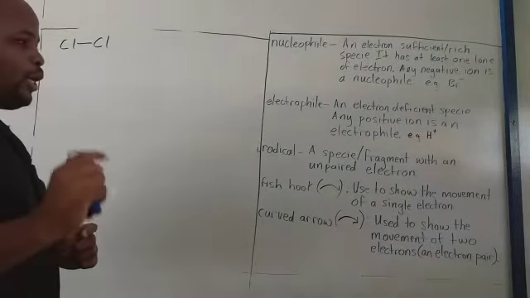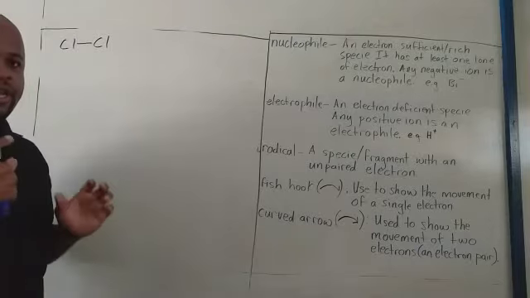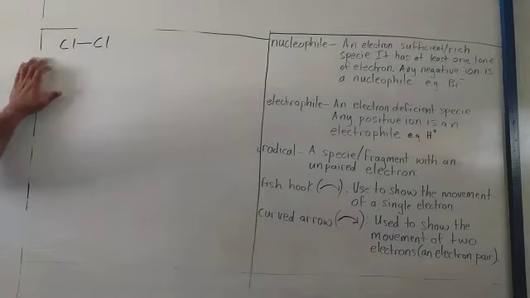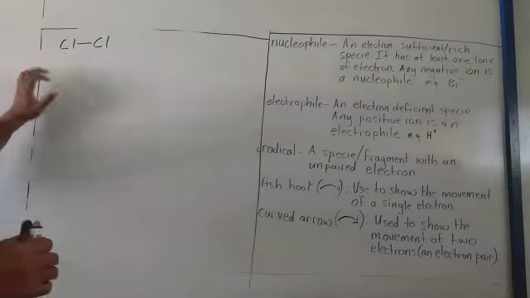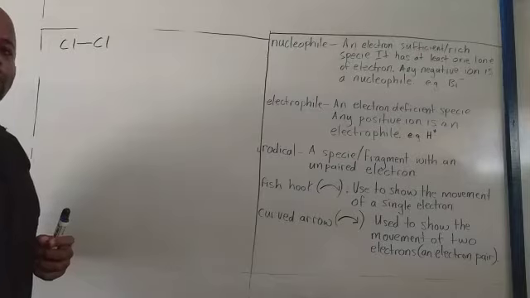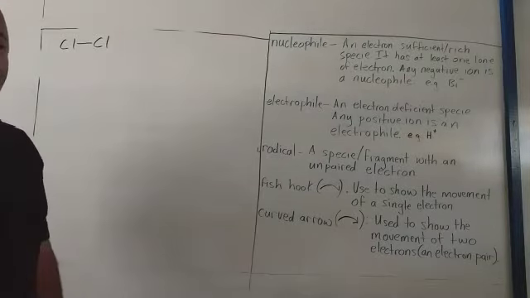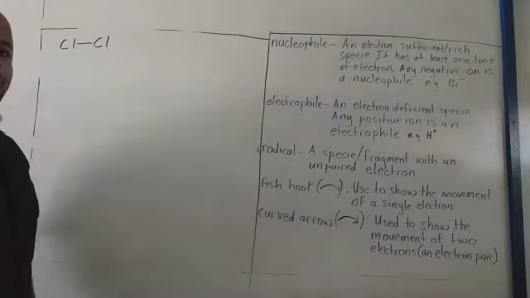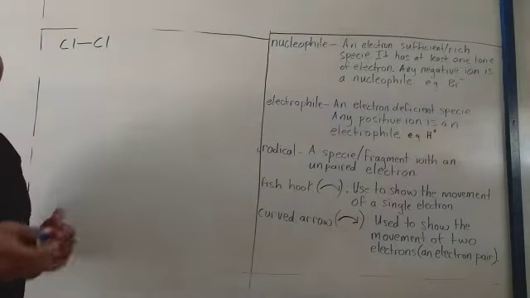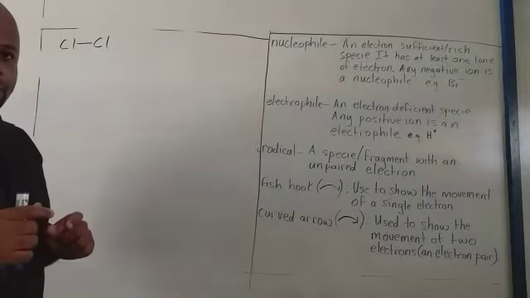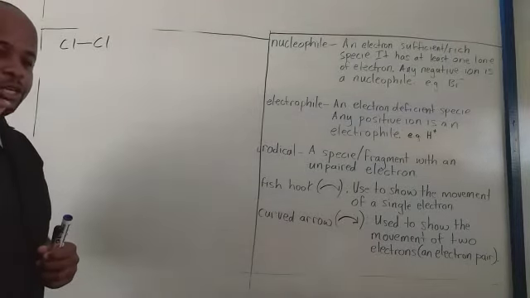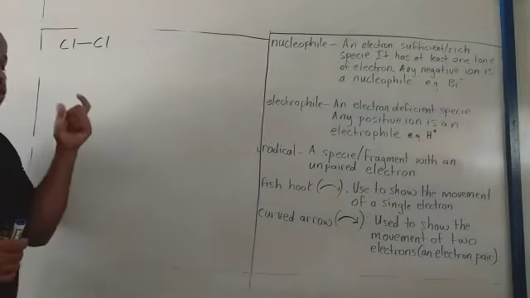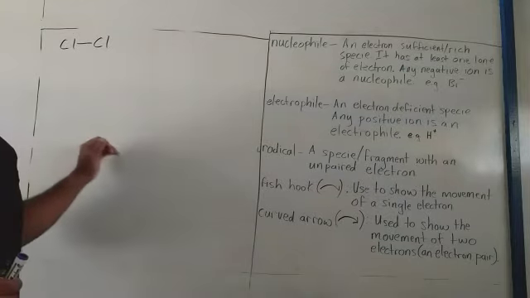For the compound to be nonpolar, the electronegativity of the two atoms must be close. If the bond is going to break homolytically, it will be a non-polar compound. In a non-polar compound, the distribution of charge is equal. For the distribution of charge to be equal, the electronegativity of both of your atoms have to be the same or close.